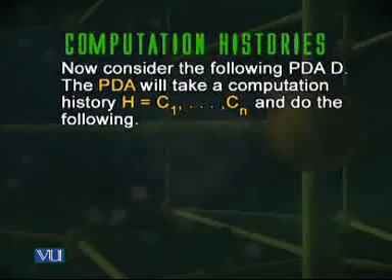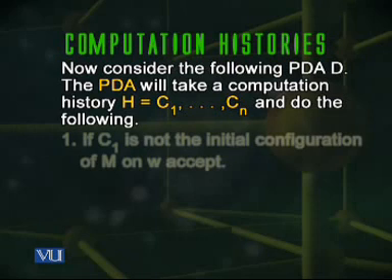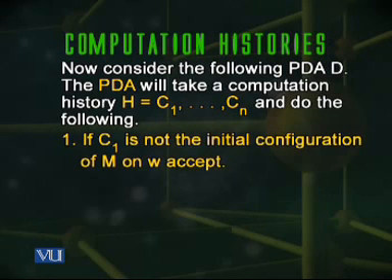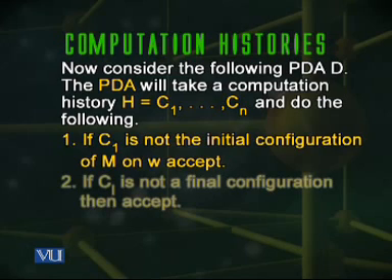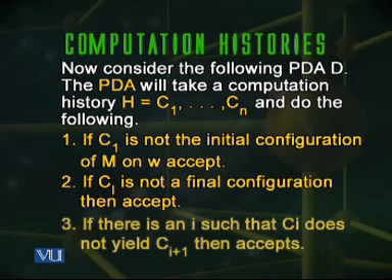Now let's look at the description of this PDA. The PDA will take a computation history encoded as we have said, and it would accept if C1 does not happen to be the initial configuration of M on w. It would also accept if CL is not a final configuration. It will also accept if there is an i such that Ci does not yield Ci+1.